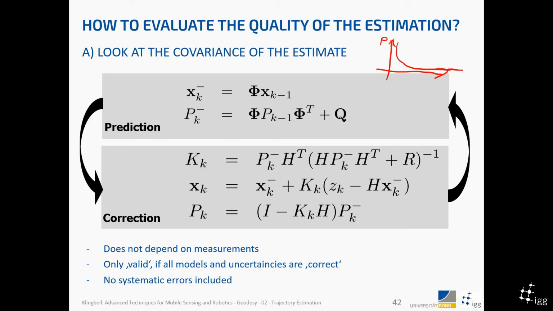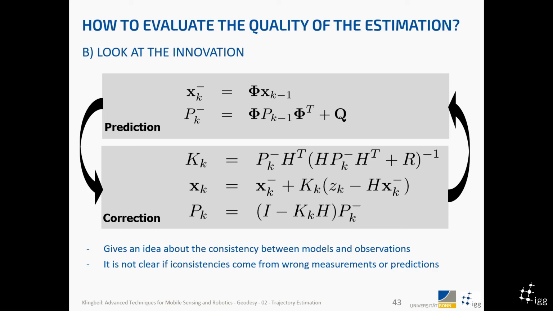This is the initialization time of the filter. Until here, the filter converges, and then the covariance will be pretty similar. And still, at the same time, the actual error of the estimation can be completely different, can be completely wrong. This is just to note that the covariance of the Kalman filter is not always a parameter which you should look at to derive the quality of the estimate.